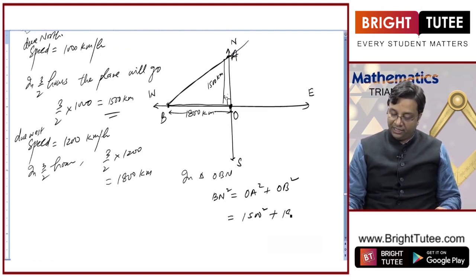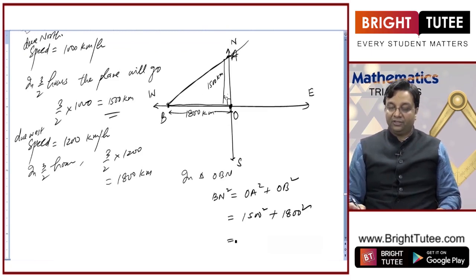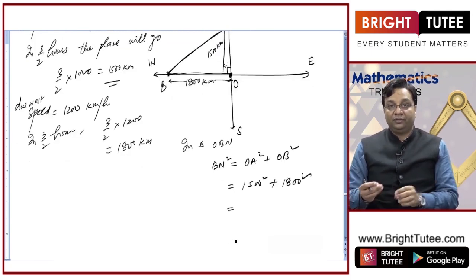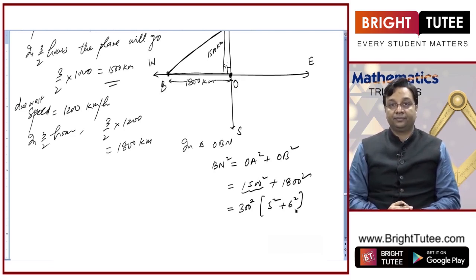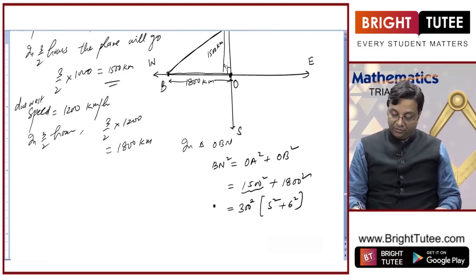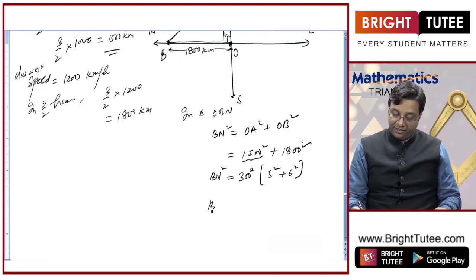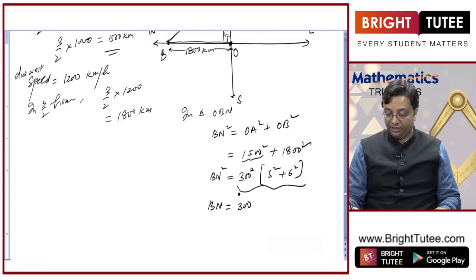It is 1800 square. So I always recommend that you take common whatever you can. From these two, let us take 300 square as common. So I'll have 5 square from this and 6 square from here, right? Now AB, or the required distance, will be the square root of this expression, which is 300 times the square root of 6 square plus 5 square.